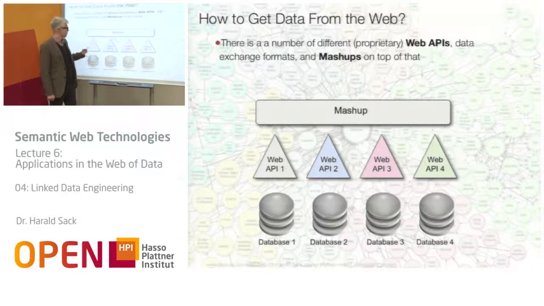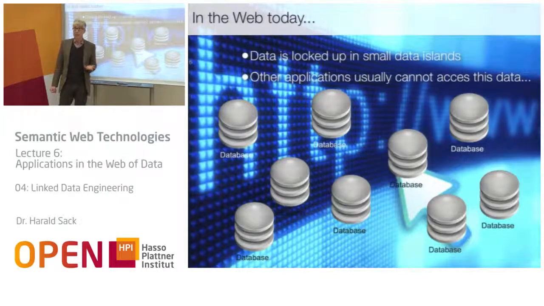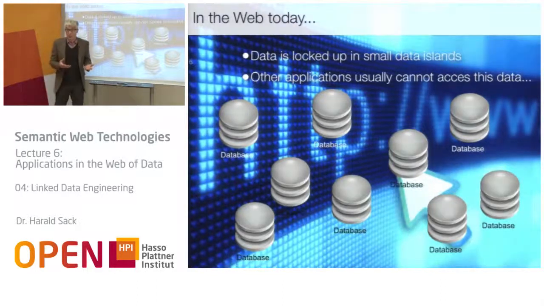So the problem today is that the data is locked up in small data islands. And usually other applications cannot use this data. For example, Google is not necessarily able to use the index or the catalog of Amazon, and vice versa.